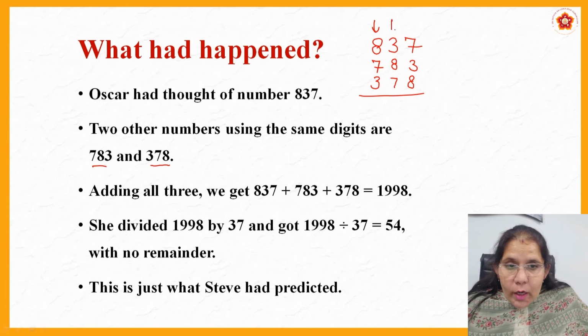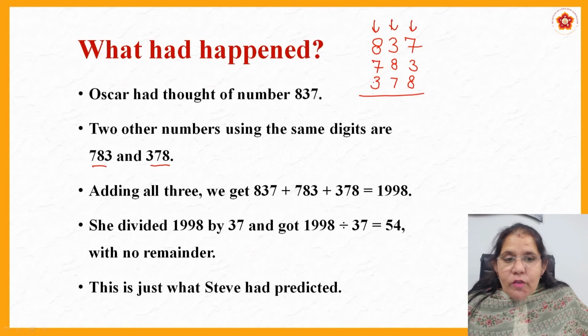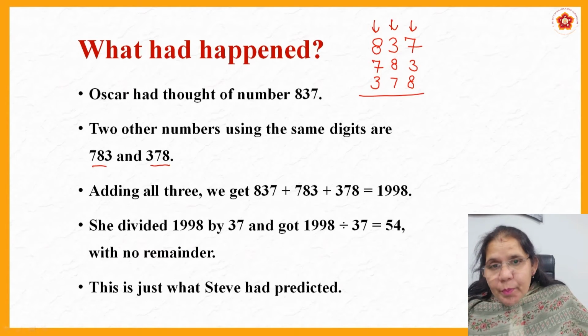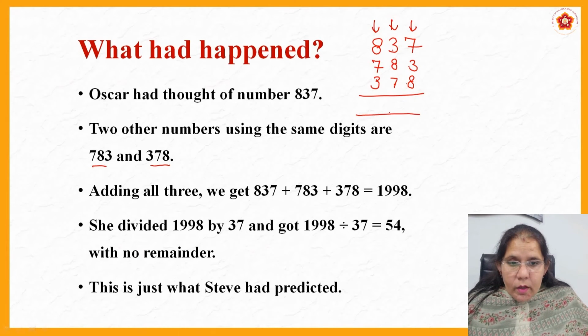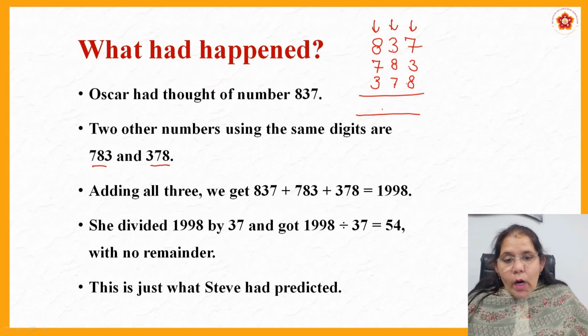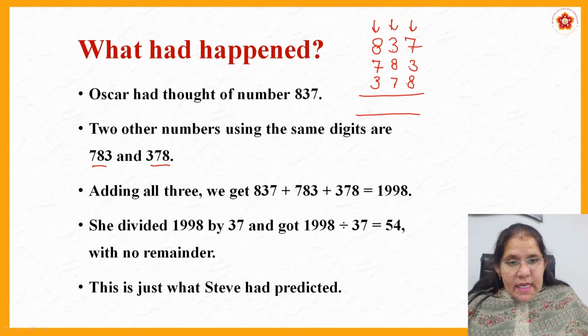In each column also, if you see, each of these digits should come once. Here you see 8, 7, 3. 3, 8, 7. 7, 3, 8. So we have to be careful. What are the other numbers been formed using the same digits?